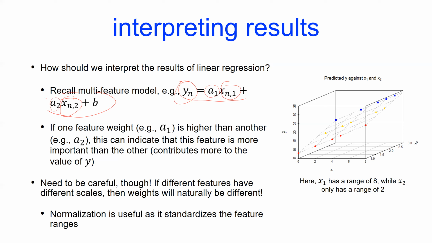So that doesn't make a fair comparison. So we need to normalize all the features to make sure they are measured in a more or less comparable range. I hope that makes sense. Then your linear weights A1, A2 will start to give more meaningful indications.